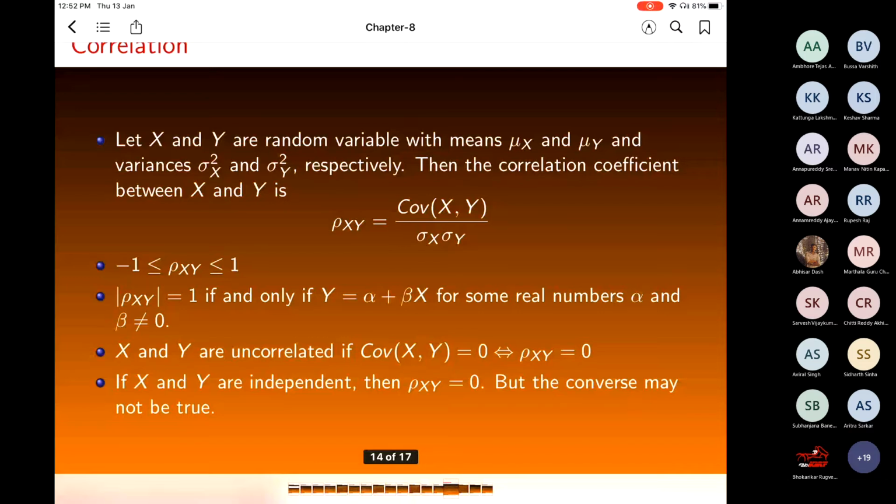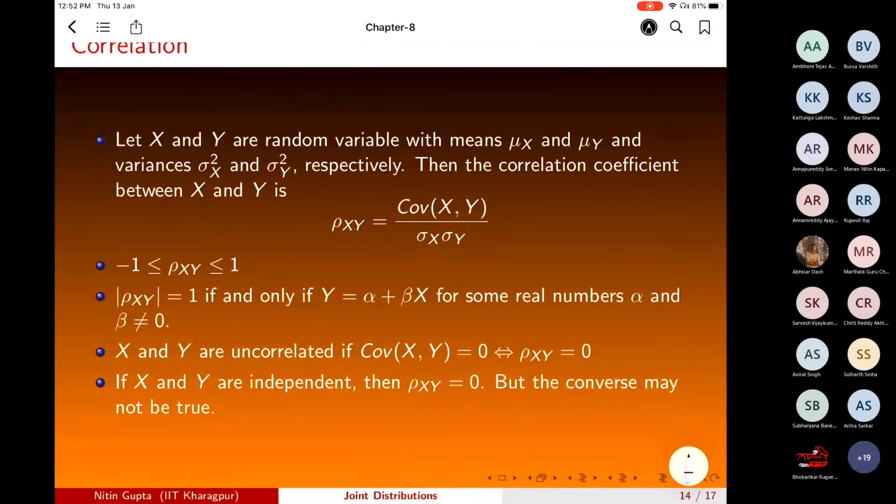Now correlation. What does this covariance xy represent? Because covariance xy is between minus infinity and infinity, we can divide by sigma x, the standard deviation of x, which is the square root of the variance.